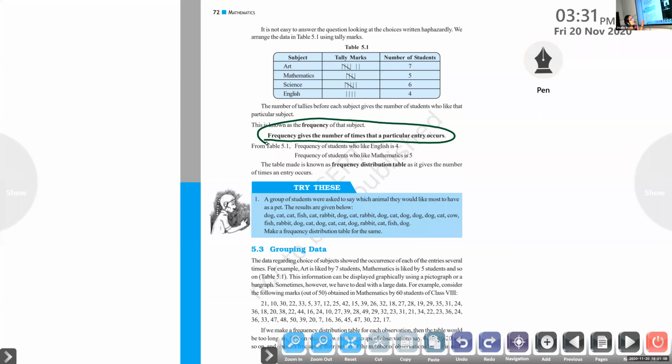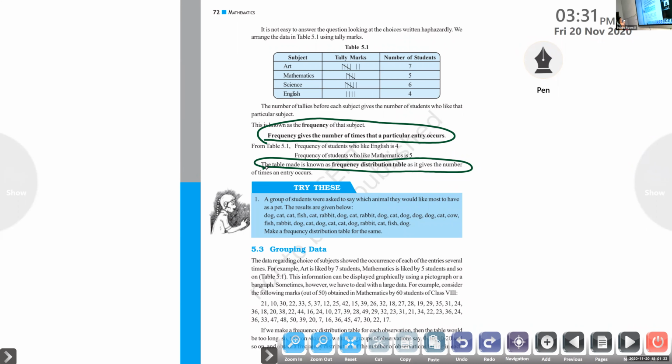When you study more, you can study statistics as a single subject. After +2, you can choose statistics. So the table made for finding frequency is known as a frequency distribution table.